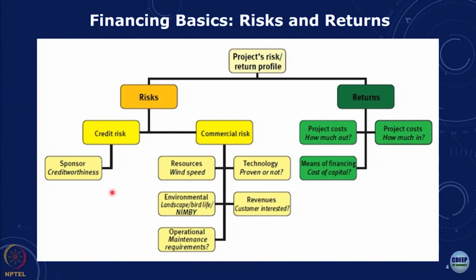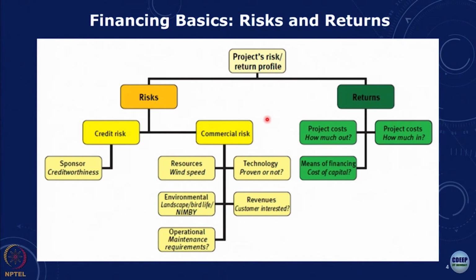So there is a credit risk, and there are commercial risks. So in the case of commercial risks, there could be a risk related to the technology. If you are trying out a new technology for the first time, it may be you have estimated how it will perform, but actual performance may not be the same.